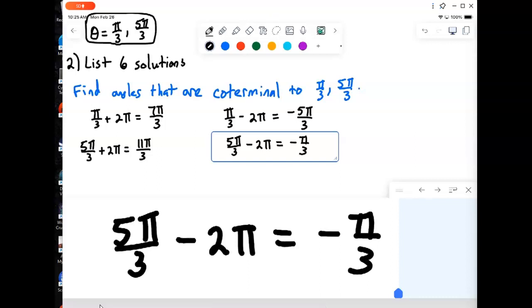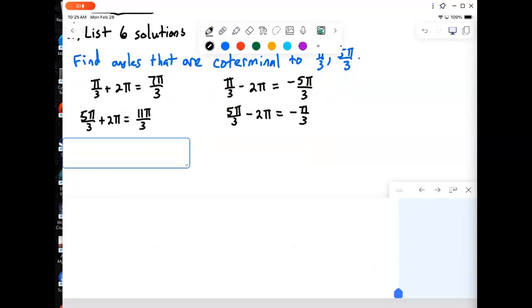So now we've come up with 6 different answers. And so now we're ready to turn to the third possibility, which was to list out the general solution.